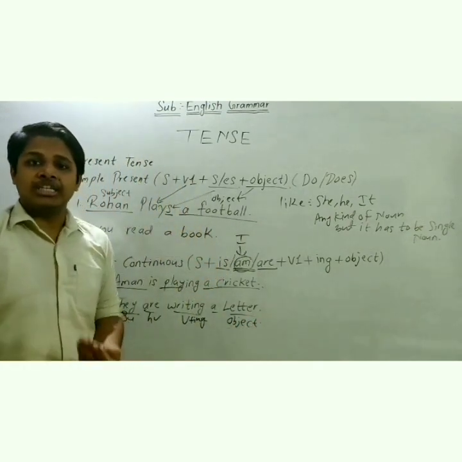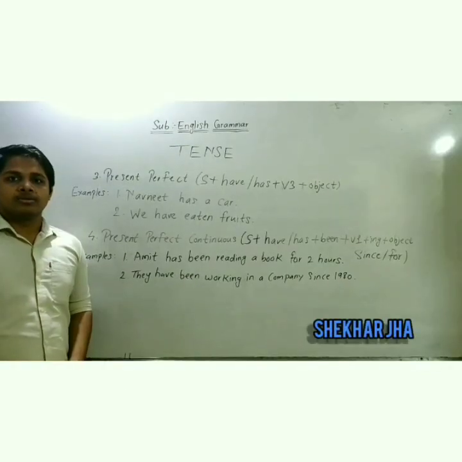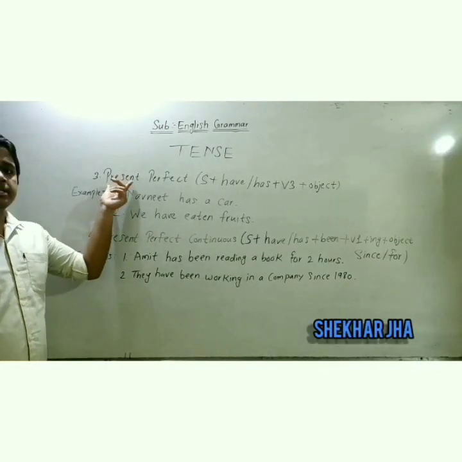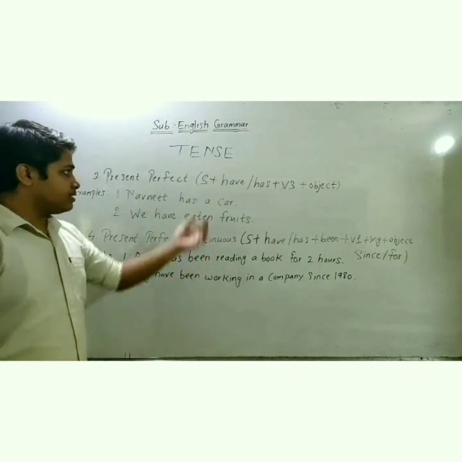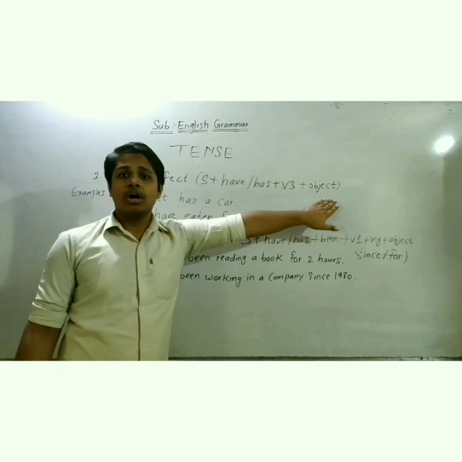Now we have to see the third type, that is present perfect tense. The formula is subject, have or has, and verb third form plus object.